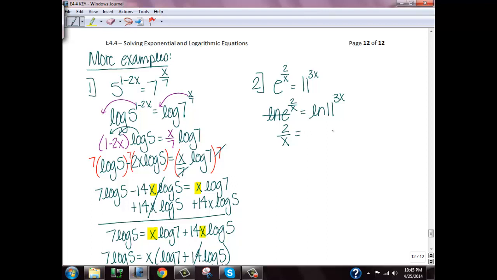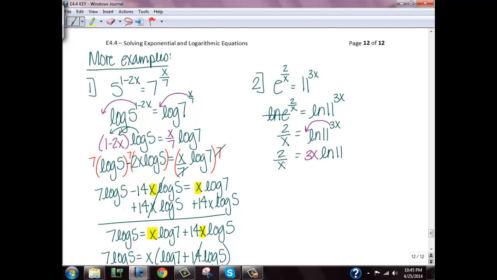And on the right-hand side, I'm left with ln of 11 to the 3x. Now, here my unknown is still in the exponent. So just like the last example, now that I have a log, I can bring that exponent down in front as a coefficient. So this is 3x ln of 11 equals 2 over x.